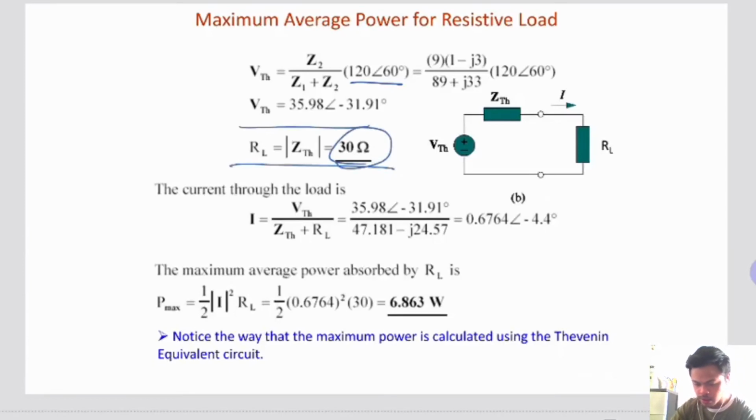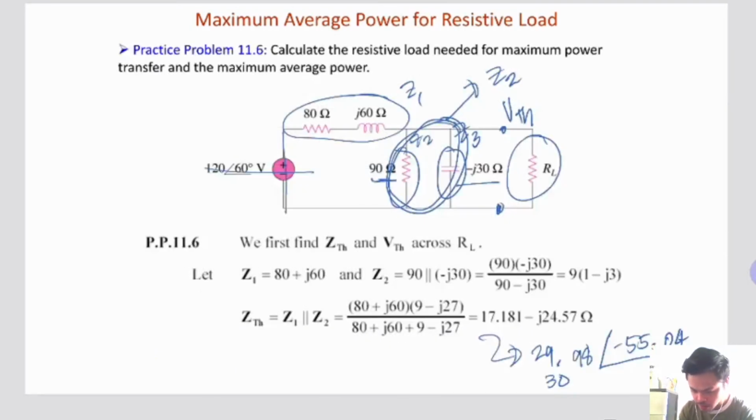Next we need to compute the current through that load. Current can be computed as VTH all over ZTH plus your RL. So ZTH plus RL, which is 30 ohms.